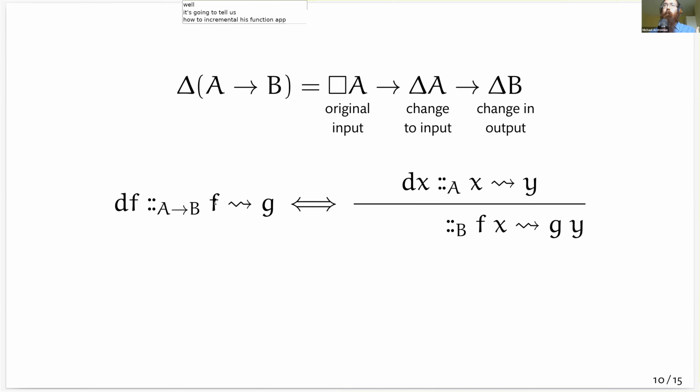So df is going to be a valid change from f to g if, when I give it a change to the argument of the function, turning x into y, it tells us how to turn fx, the original function applied to the original argument, into gy, the updated function applied to the updated argument. And we do that by just applying it to the original argument and to the change to the argument. And so this is the definition of our change relation for function changes.